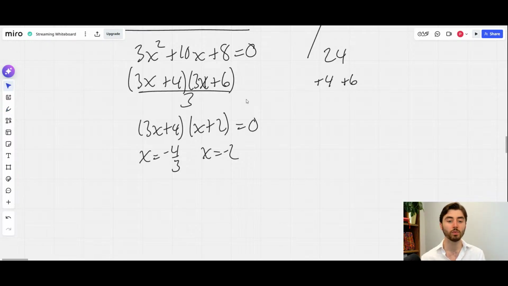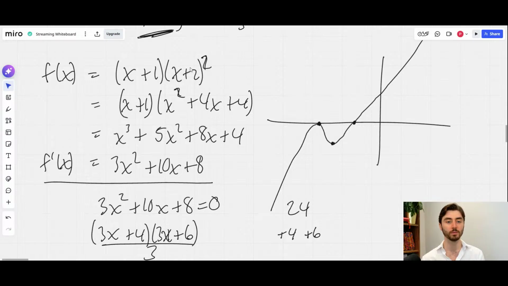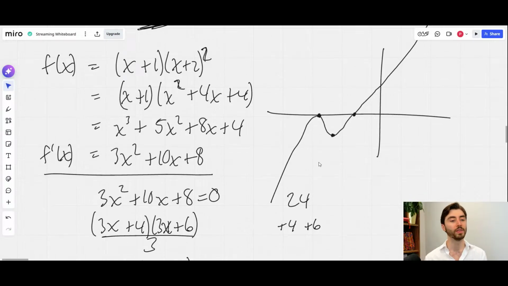Now, we actually already knew we were going to find x equals -2 just from the shape of the graph, but this other one is x is equal to -4/3. We know this one is going to have a y value of 0.